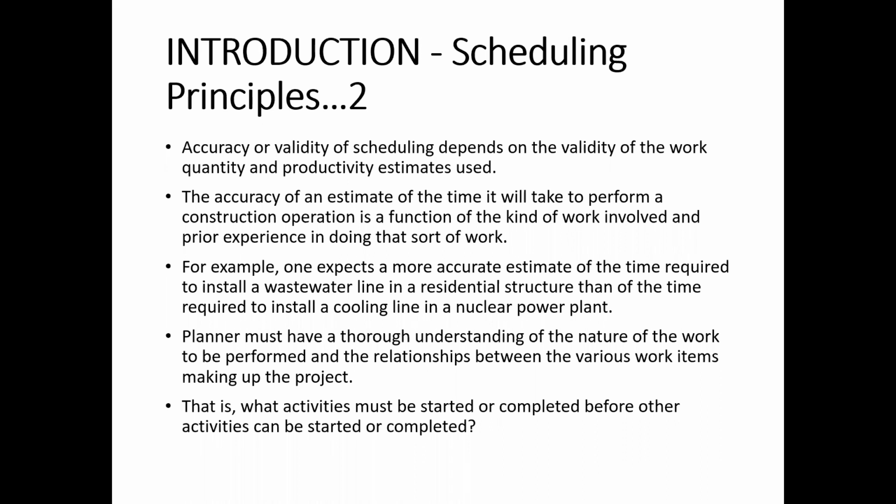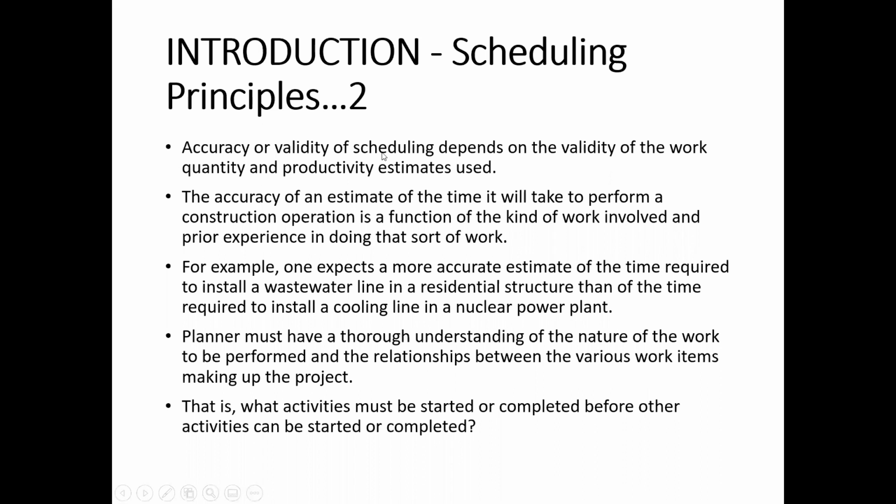So, for example, if an activity has been estimated to take 14 days to complete, that means 2 weeks, or if we consider a 5-day week, then maybe 10 days to complete. If an activity takes 10 days to complete, we must be sure that the establishment of 10 days has been done in an accurate manner.